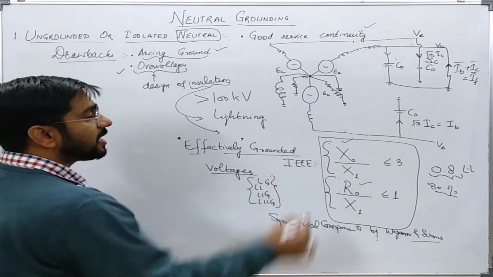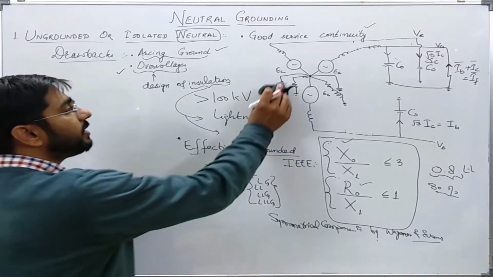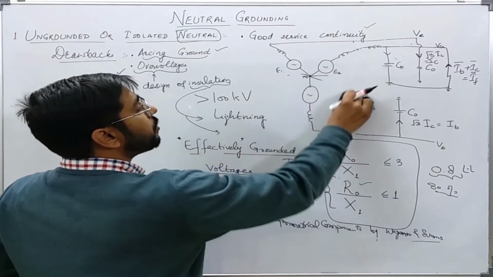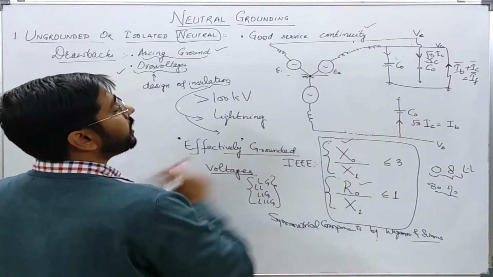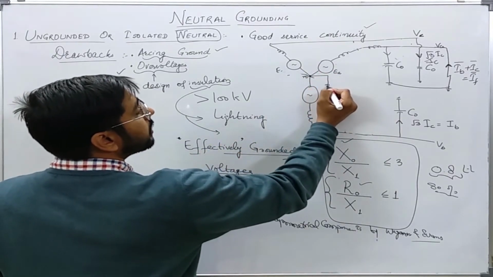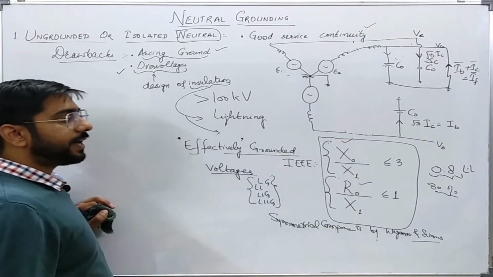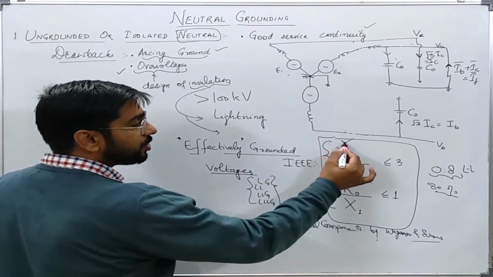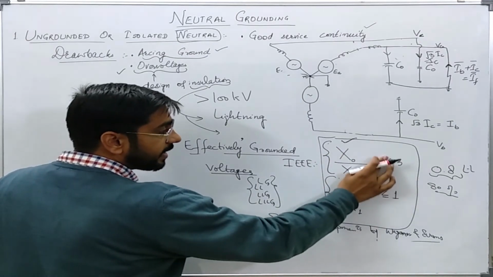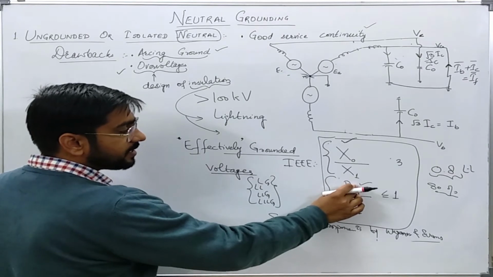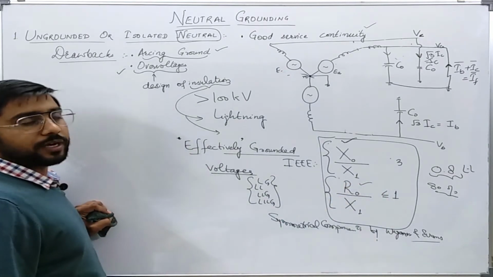Now you will be surprised to know that even if we directly ground or solidly ground the neutral, there can be a case that these conditions are not satisfied. That is, the system zero sequence reactance is greater than 3 times x1 and the system zero sequence resistance is greater than x1.